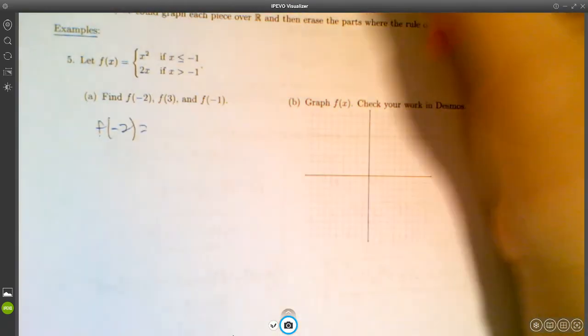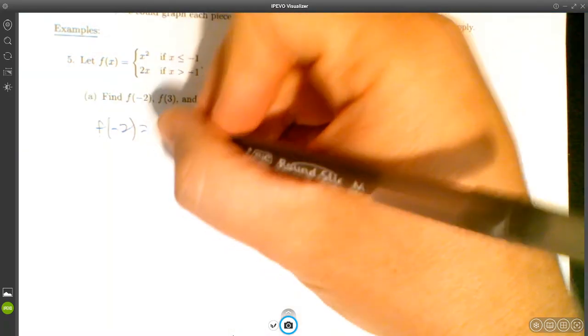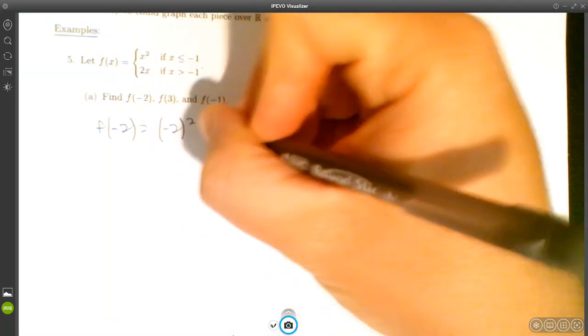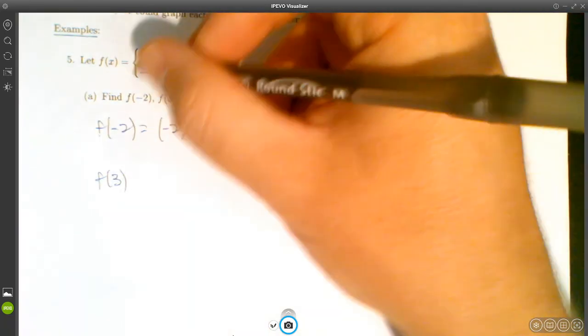So first of all, part A asks us to find some function values, f of -2. For f of -2, -2 is definitely less than -1, so we're going to be using the top rule, right? So f of -2 is going to be -2 squared, which is +4. f of 3, well, 3 is greater than -1, so for 3 we're going to use the bottom rule.